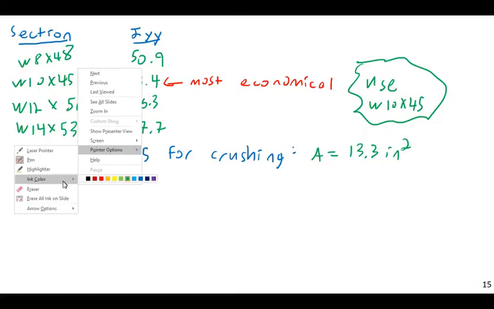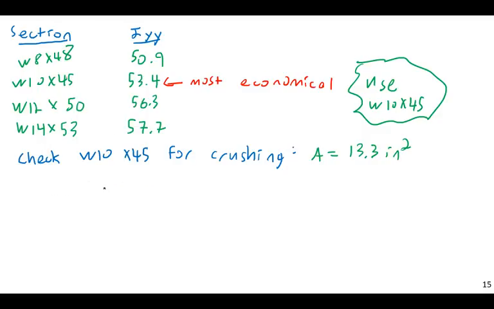Then I can work through the same equation as before. 125 kips over 13.3 inches squared equals sigma actual, which is less than or equal to sigma y, the yield stress, over the factor of safety for yielding.